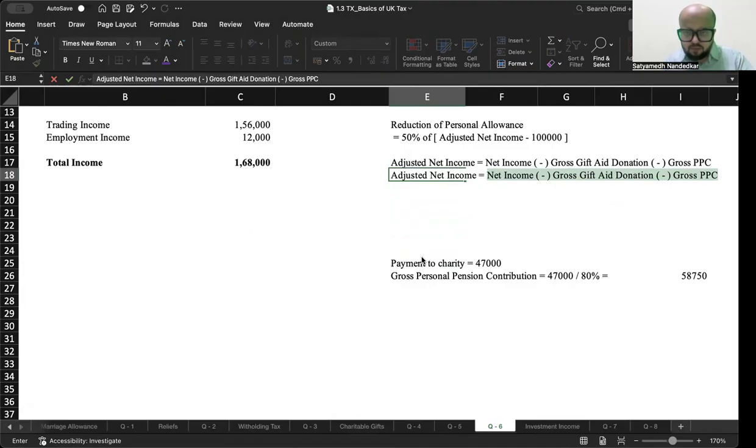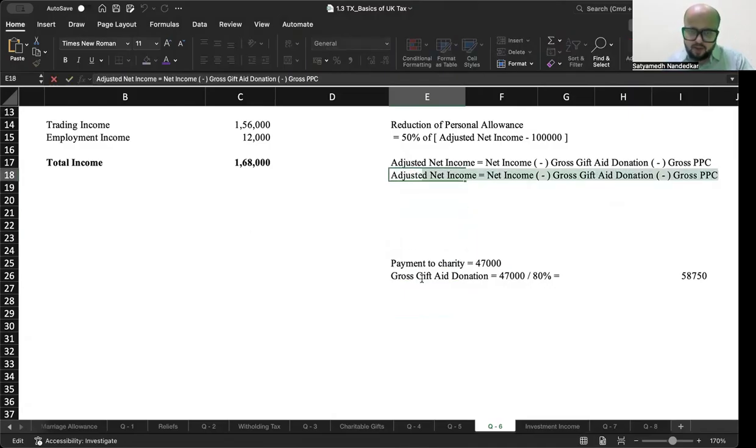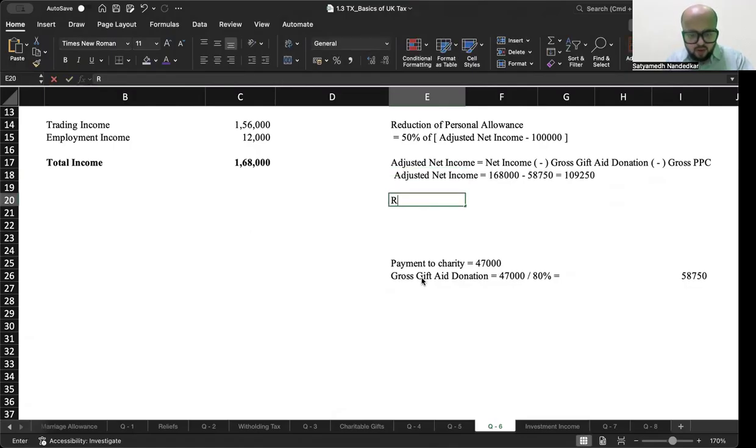Sorry, this is gross gifted donation, not gross personal pension contribution. We'll see gross PPC later. So this is 1,68,000 minus 58,750. What does that give you? It gives me 1,09,250.